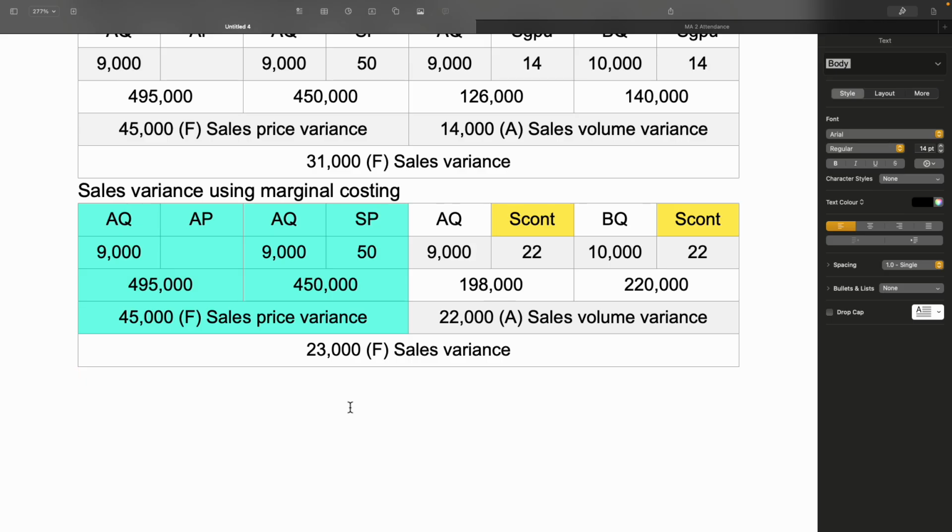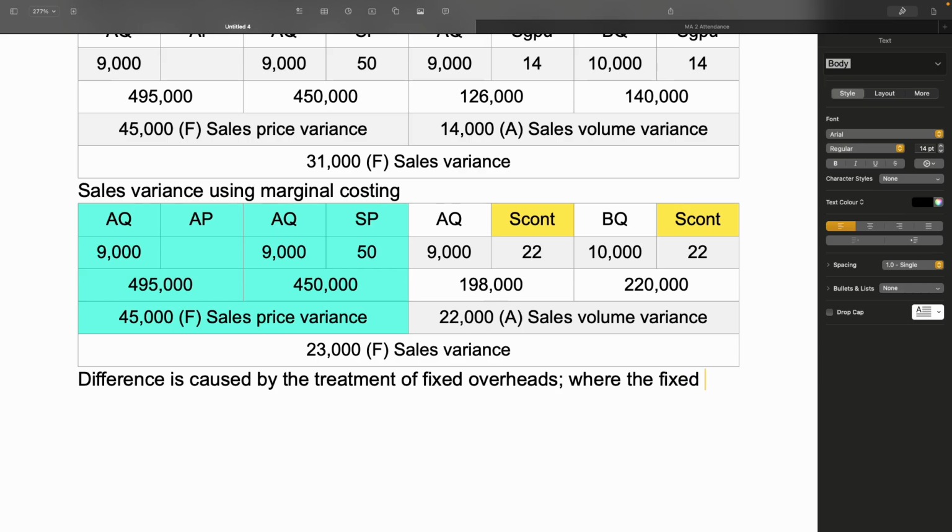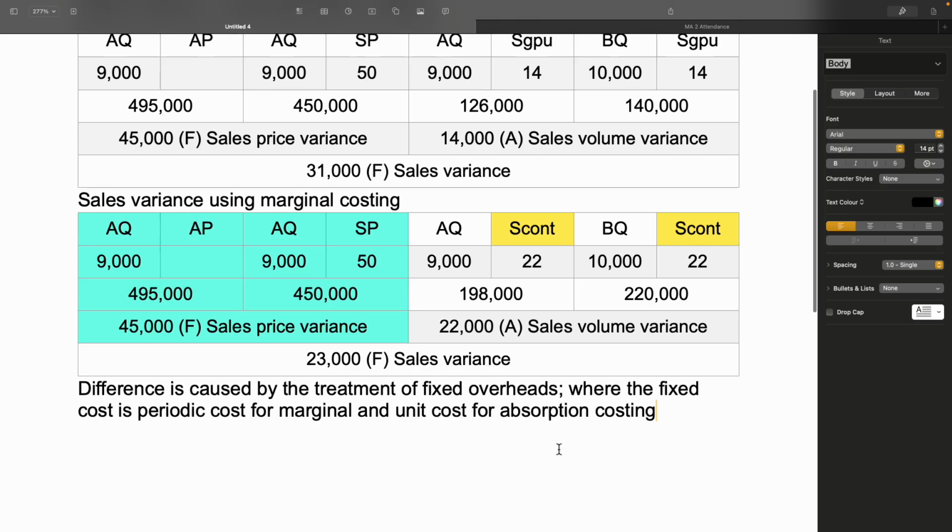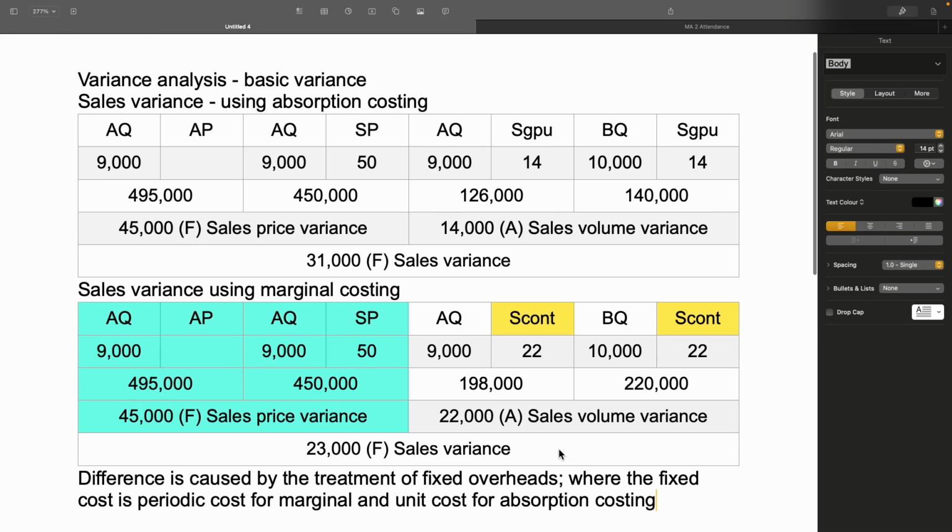The difference is caused because that would be the major difference.